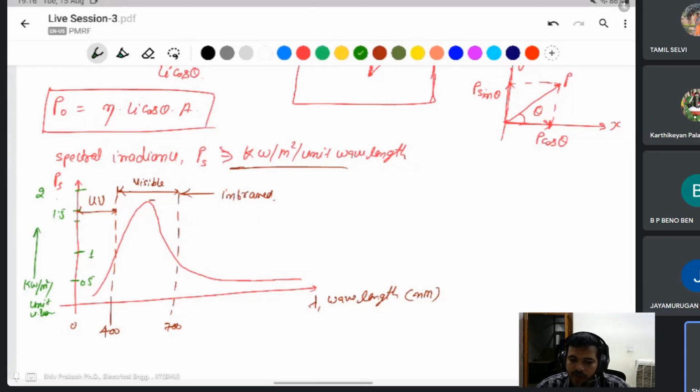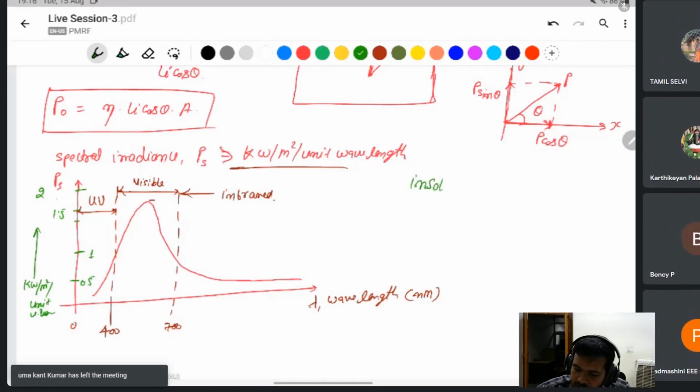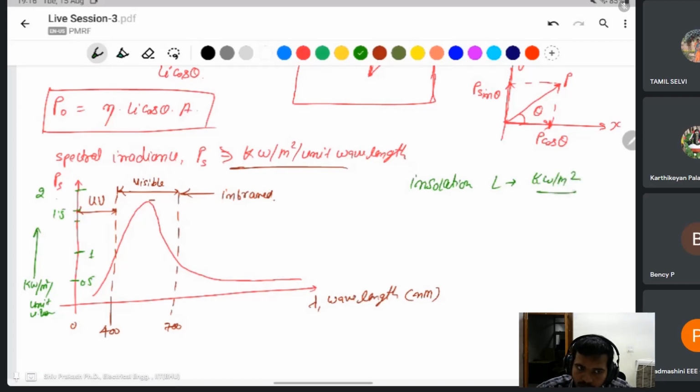If you want to calculate the insolation, which is in kilowatt per meter square, then you can integrate all of it.